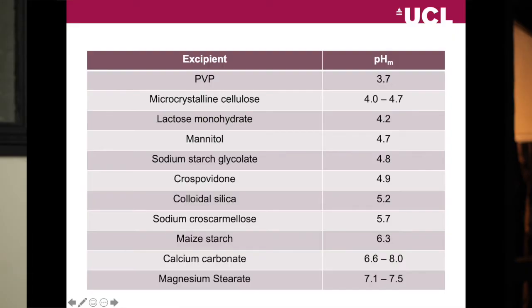So this table shows you some really common excipients that you might use in a tablet formulation, and it shows you the pHm that they will create in a saturated solution. So if I pick some examples, PVP, polyvinylpyrrolidone, if that dissolves to saturation in water, then it will create a pHm of 3.7. I'm quite surprised by that. So that's lower than I thought.